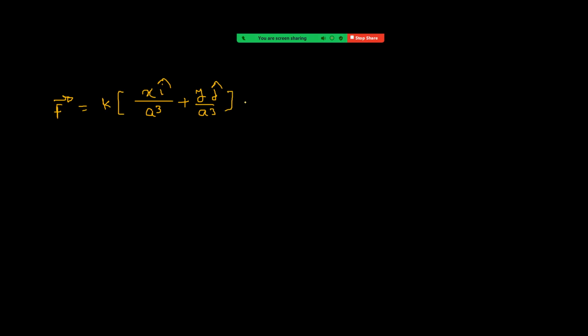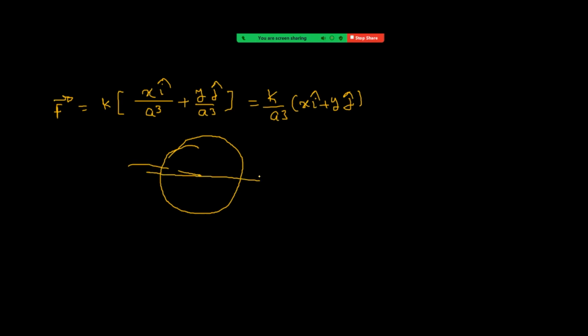If you observe carefully, the direction of this force is x i cap plus y j cap. If you take a circle, this force will be along the radius vector, because x i cap plus y j cap is always along the radius vector.